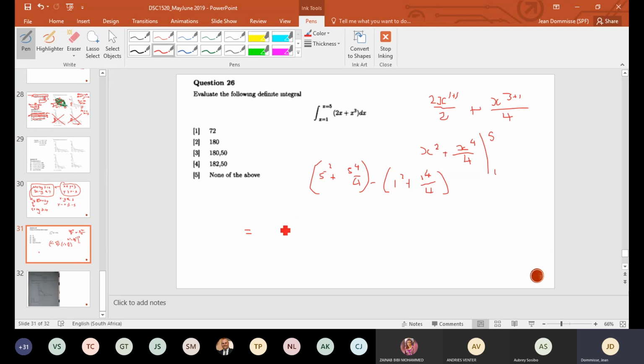And then 5 to the power of 4 is 625, divided by 4, it gives you 156.25, plus 25 would have given you 181.25.